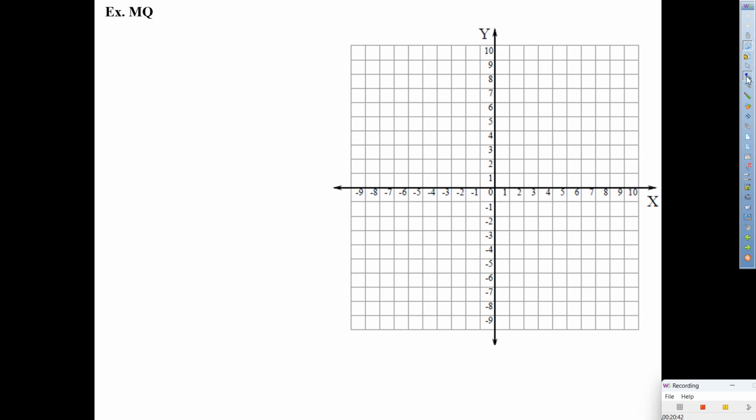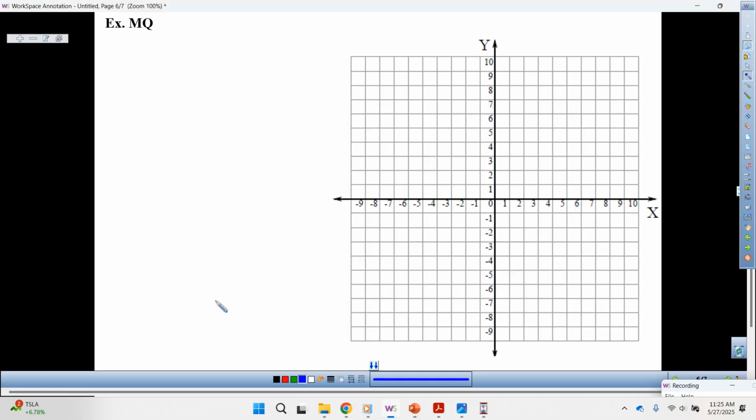Example Mega-Q. I want you to graph me, actually, I'm going to help you with this one. Let's do this. X squared plus y squared equals 1.